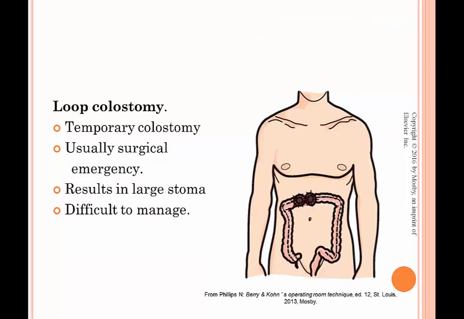A loop colostomy is a temporary colostomy performed in a surgical emergency. It may result in a large stoma that might be difficult to manage. However, the goal of this is that at some point they will reconnect those two parts together.